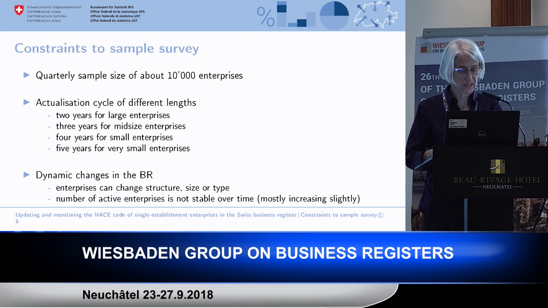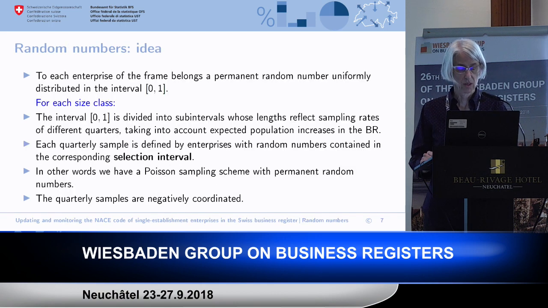How do we do the sampling? To each enterprise of the quarterly frame belongs a permanent random number, uniformly distributed in the interval 0-1. For each size class, we do the following steps.